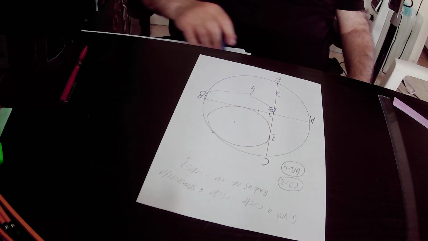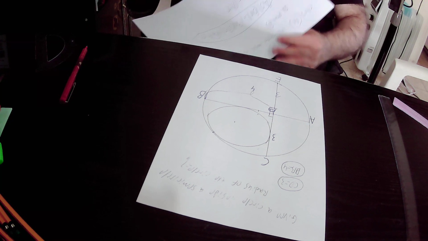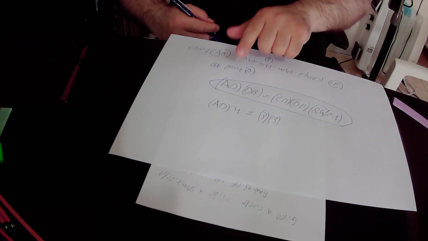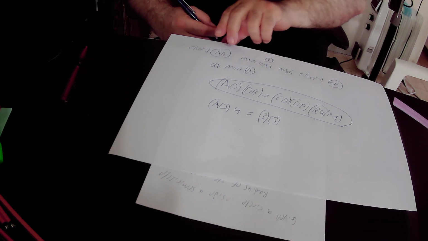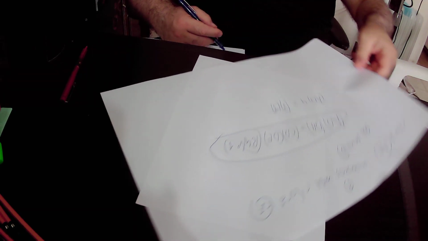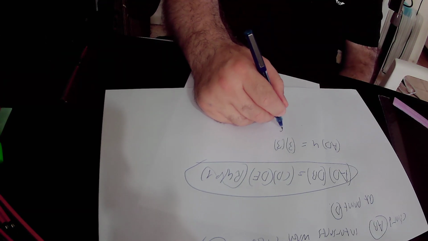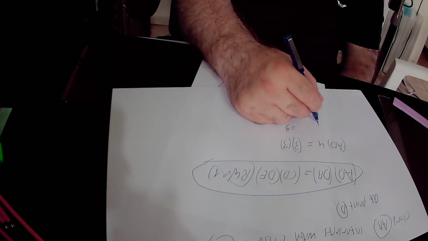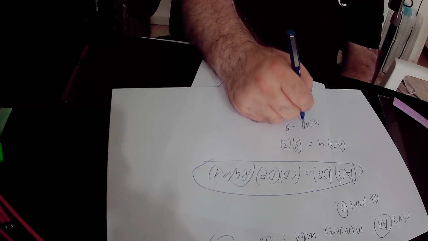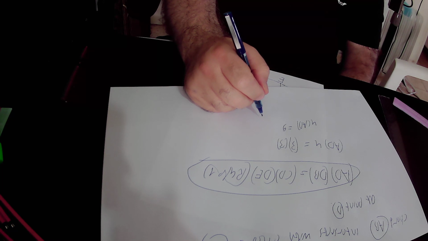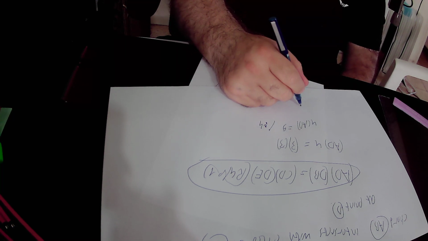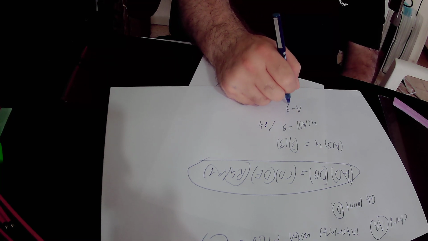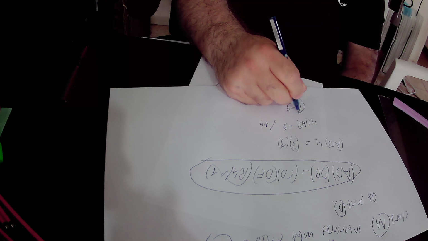So according to rule number 1, AD times 4 equals 3 times 3. 3 times 3 is 9, so 9 equals 4 times AD. Here we divide this equation by 4, and we get that AD equals 9 over 4 units.